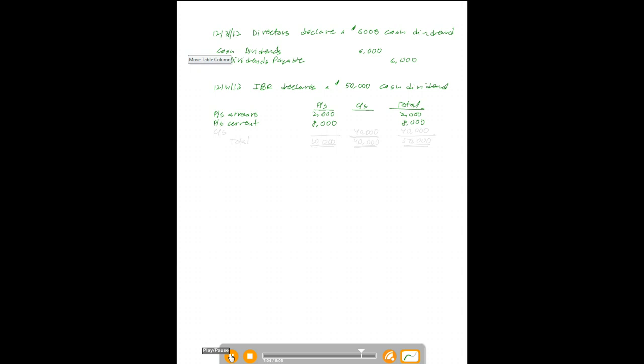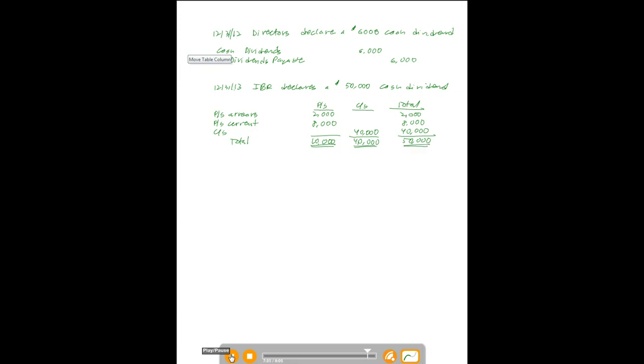If 50,000 was declared, then common gets the rest, the 40,000. So the total that would be received is preferred gets 10,000 and common gets 40,000. We'll put this over here. I don't know, this total column is maybe a little meaningless. But anyway, that's how you divide it up.